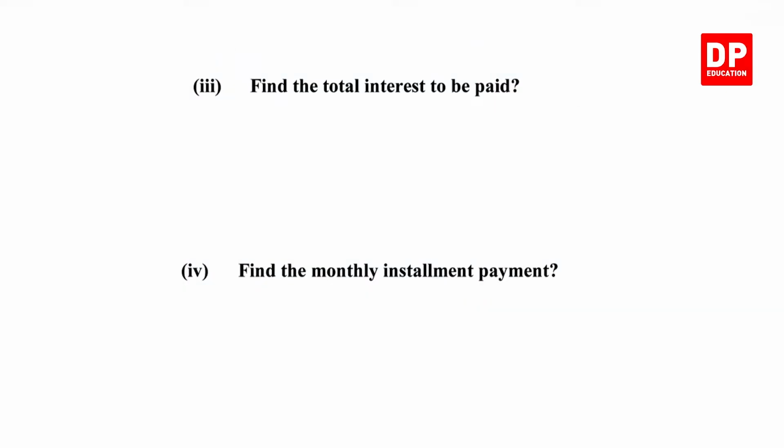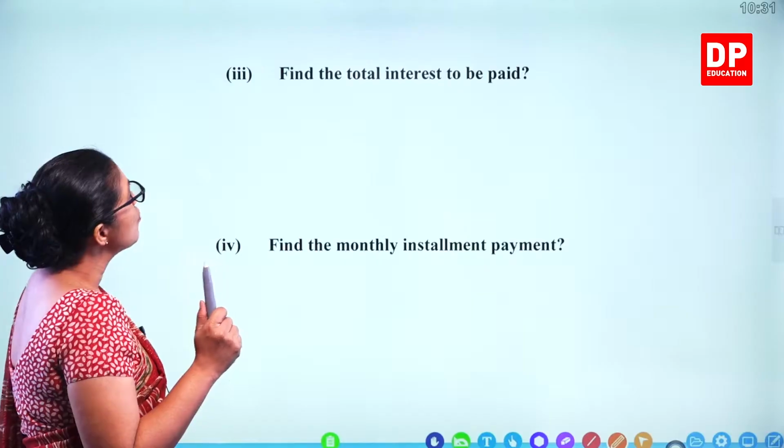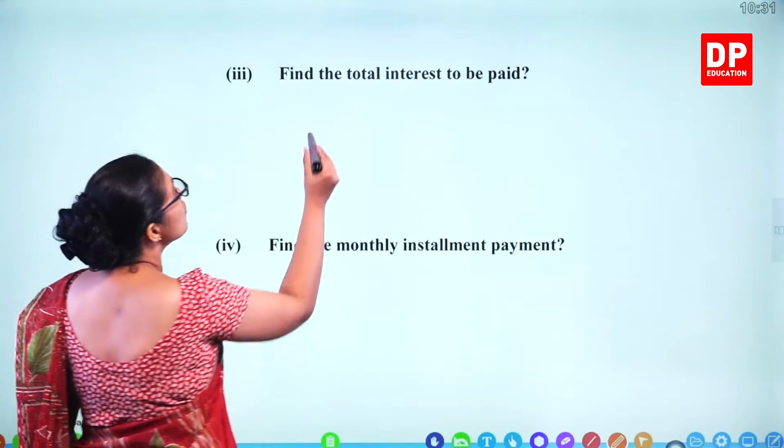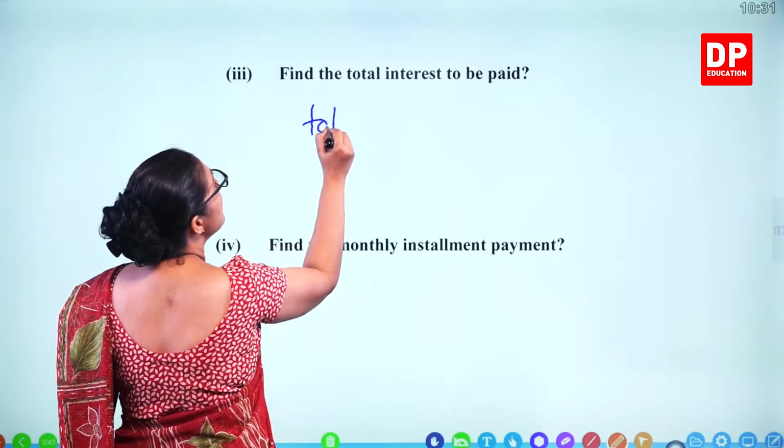Part 3. Find the total interest to be paid. The monthly payment is 5,000. We'll find the monthly interest first, then find the month units, and then the total interest.